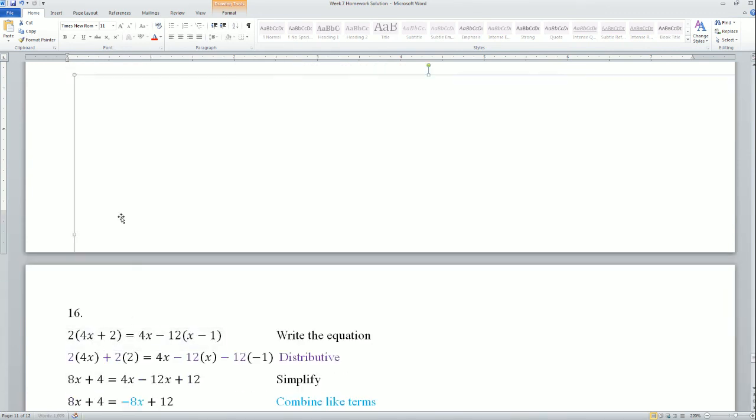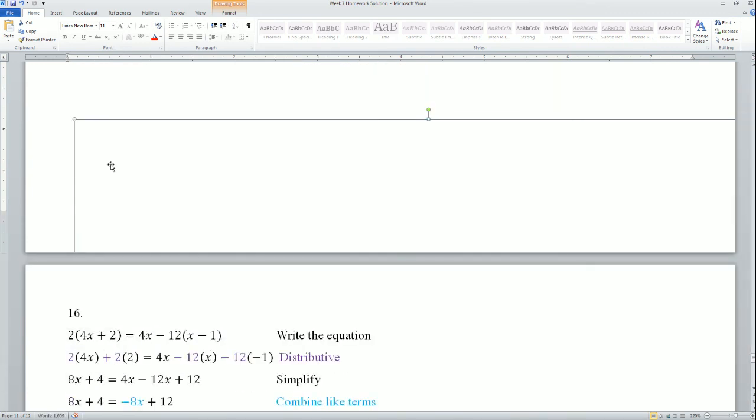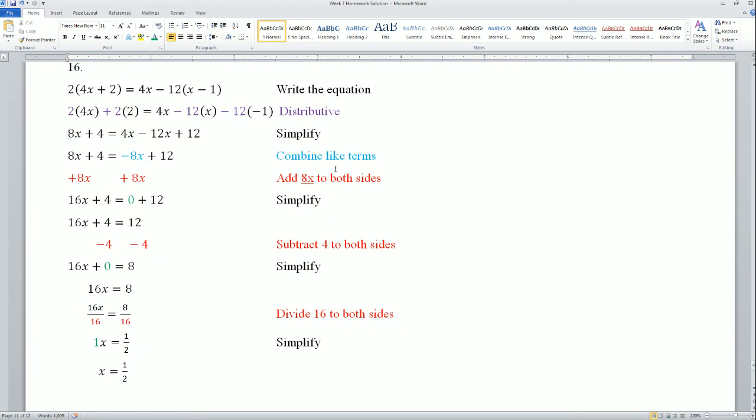Okay? Right, 16. Same thing for 16. I'm just going to show 16 on the board. Again, write the equation, distribute, combine like terms, start moving down the variables and getting rid of each number one by one. Again, this is a very long algebra problem.